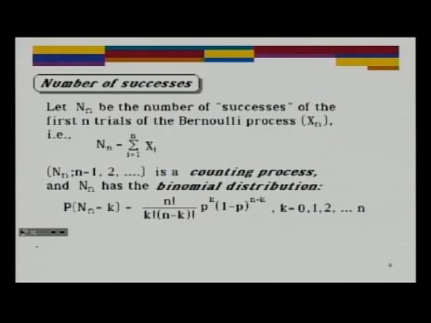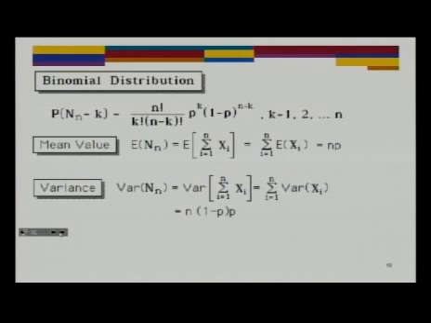If we make this single trial n times independently, then the binomial random variable counts the total number of successes in these n different trials. And the mean value of the binomial distribution is n times p, and the variance is npq, or n times p times (1 minus p). Okay?